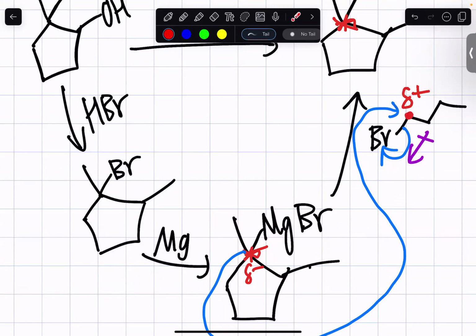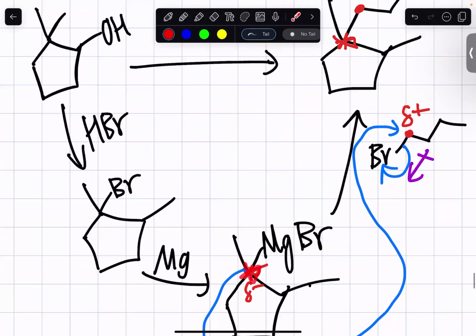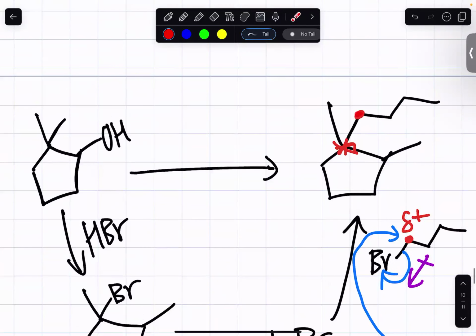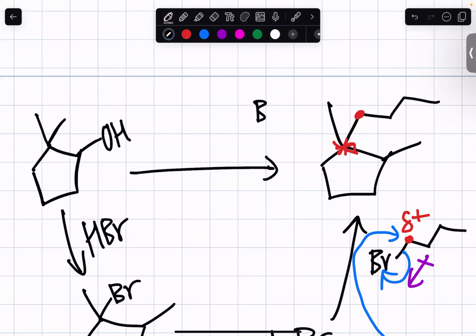This is a nucleophilic attack where that negative carbon attacks that positive carbon and kicks out the leaving group bromine, right? And then the star atom here is now attached to the dot atom. This is the new bond we made from the attack. This whole group is still attached to the dot atom. And then we have Br minus floating around because that got kicked out after that reaction.